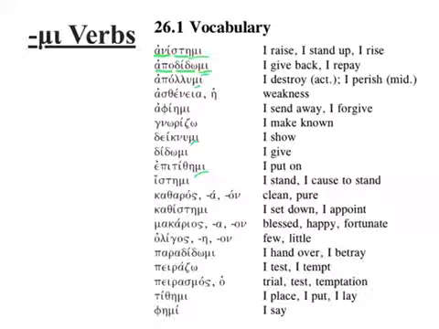So if you look at the vocabulary, you have histēmi, which is actually from the word sta, I believe, and this means to stand. So I stand. Well, if you add the preposition ana, which is up, anistēmi is I stand up.